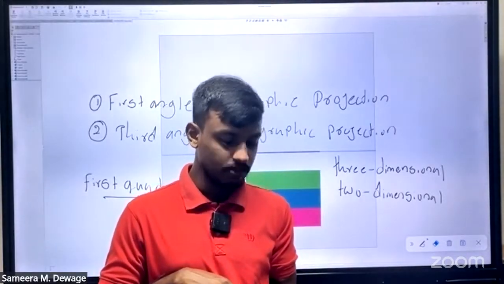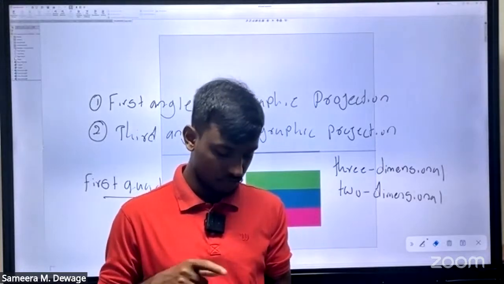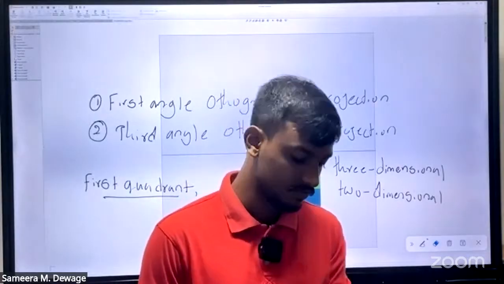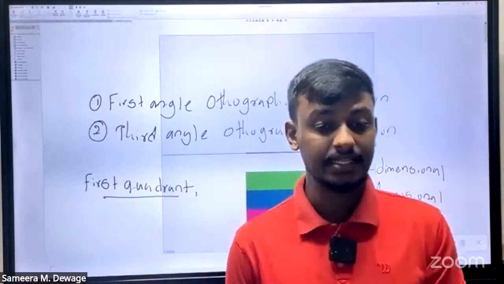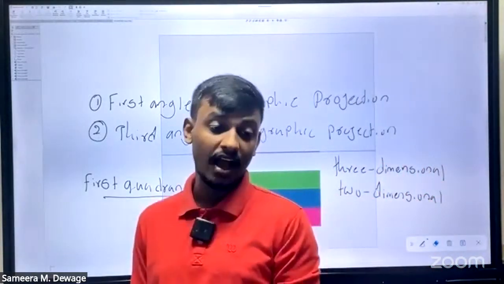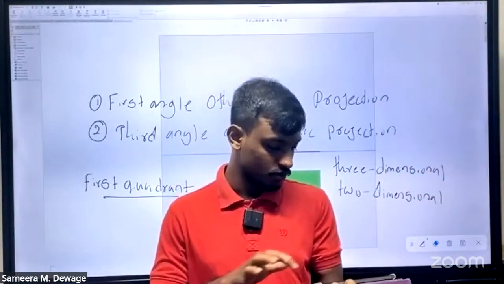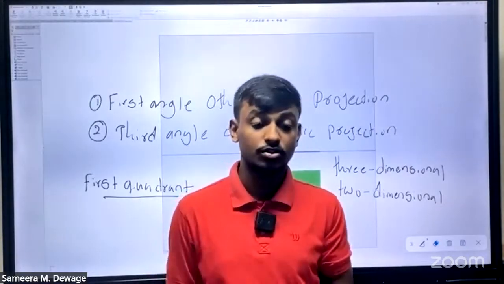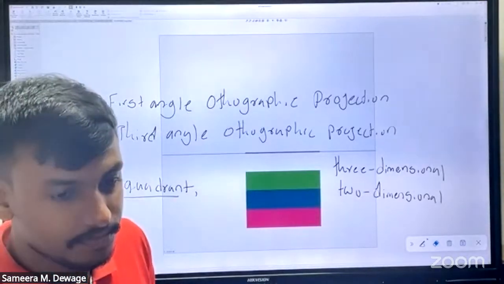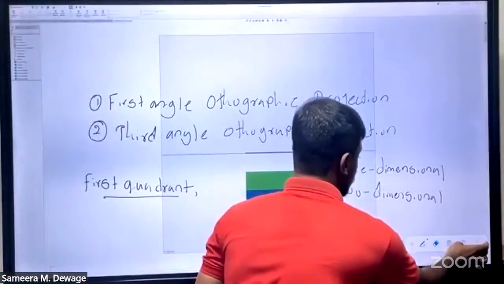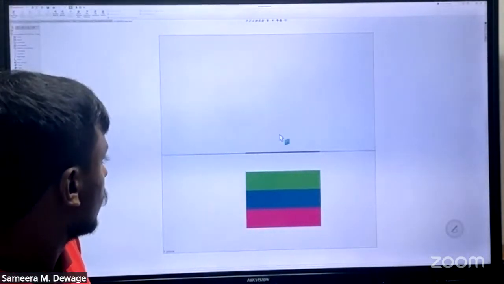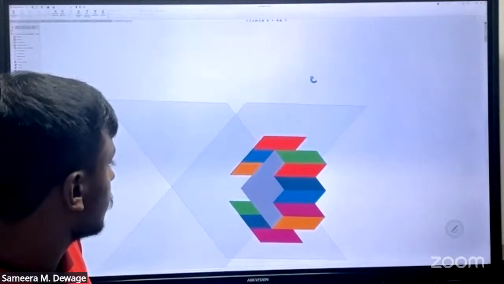For example, the front view is drawn behind the projection plane. See, the front view we draw behind the projection plane.